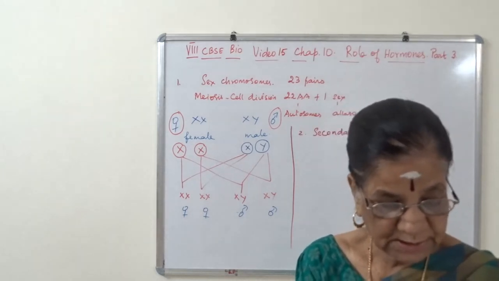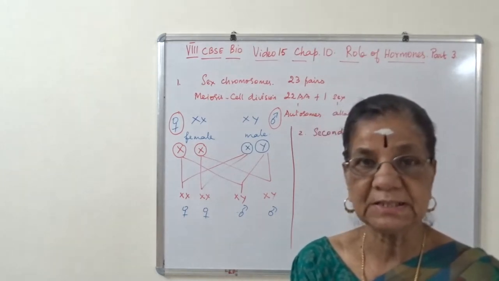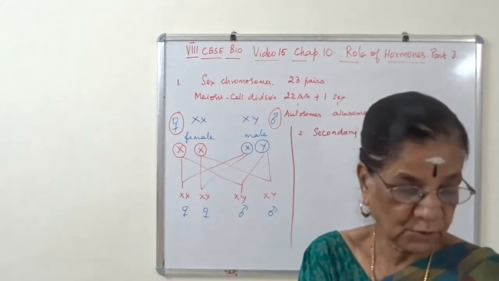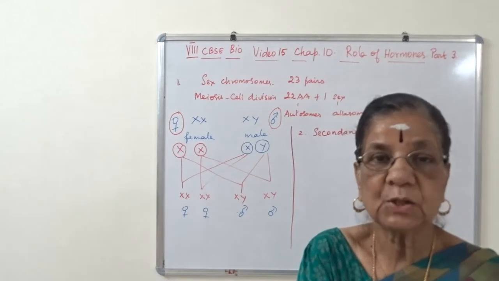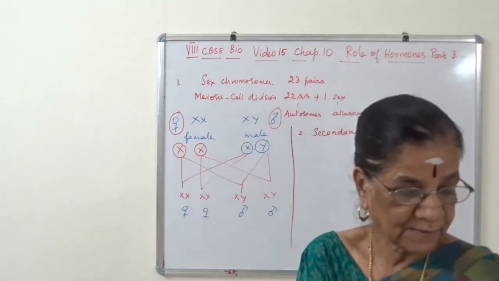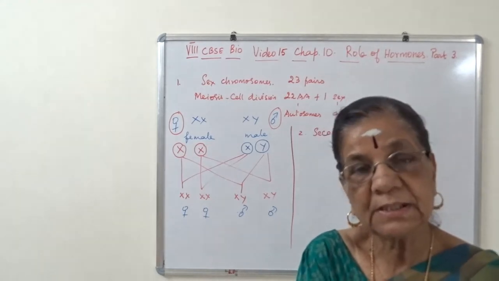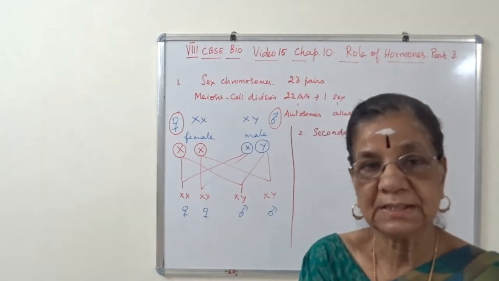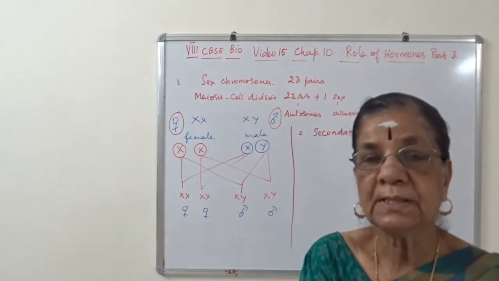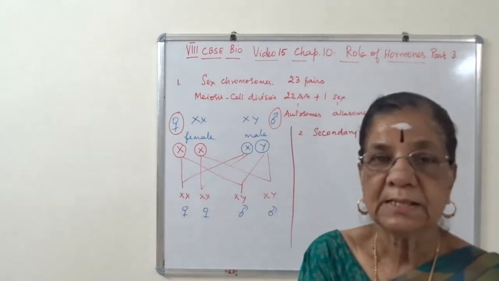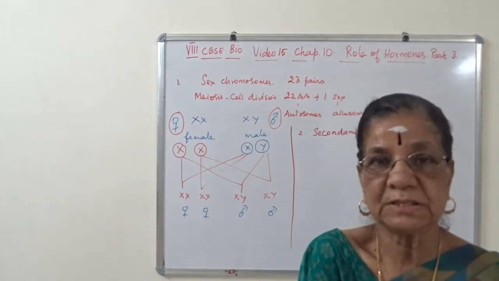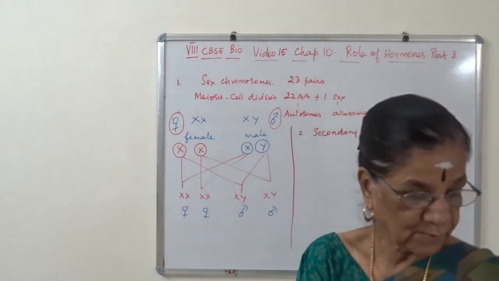And testosterone and estrogen cause further changes in other parts of the body, leading to the development of features called secondary sexual characters. And they are different in boys and girls, that is male and female. That is what we say: humans exhibit sexual dimorphism. Morphism means external feature. So, sexual dimorphism.